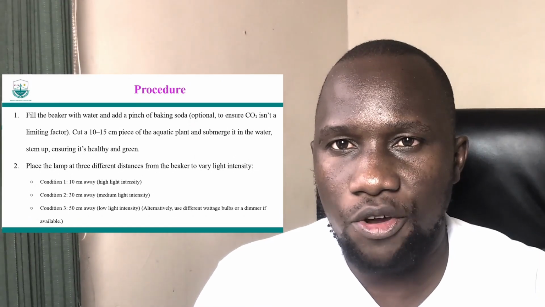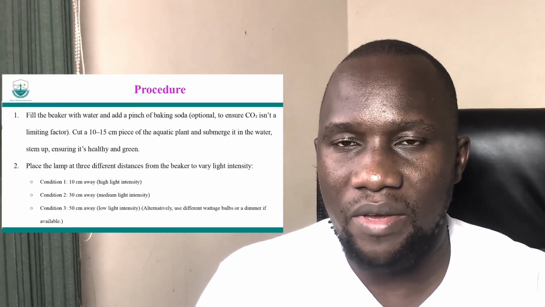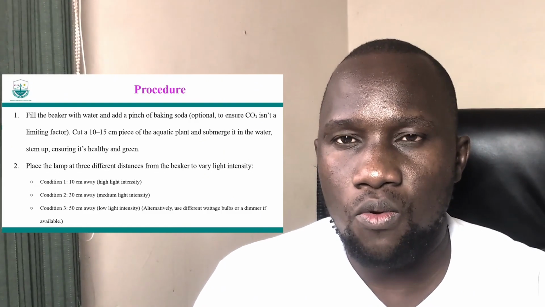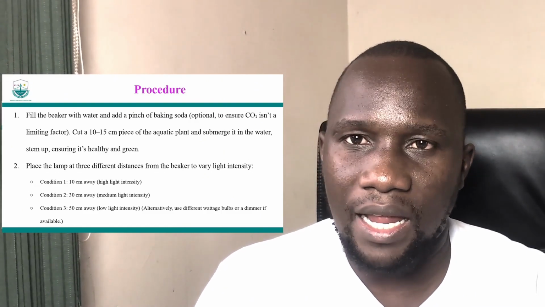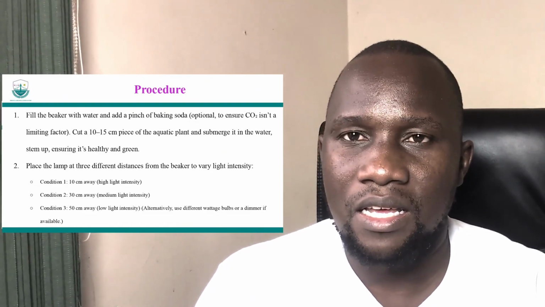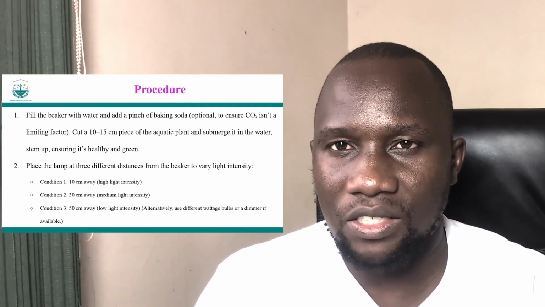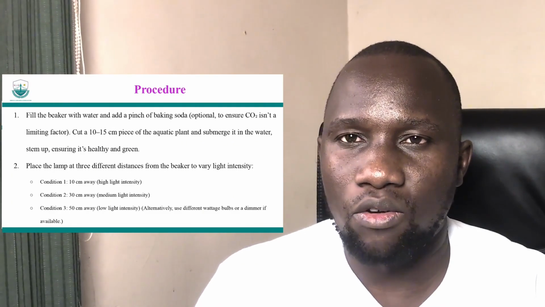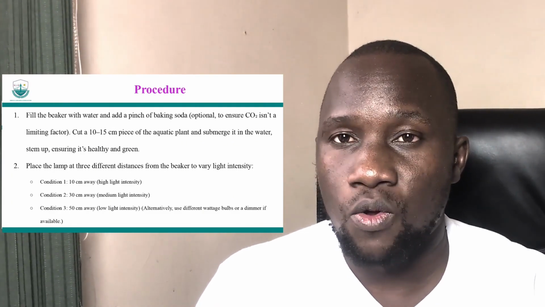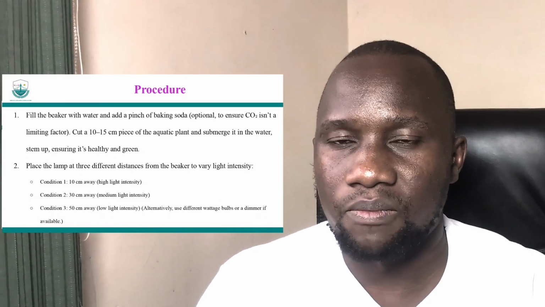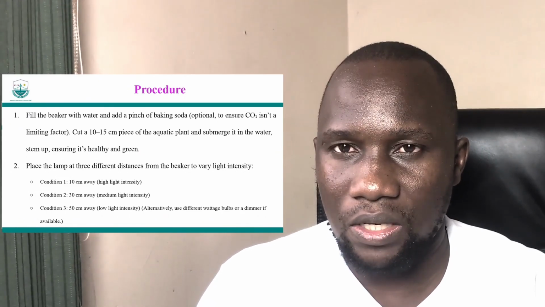Basically, the theory behind this experiment is that you will put the lamp at different distances such that you have different intensities of light reaching this Elodea plant, which is in the beaker with water with dissolved sodium bicarbonate.